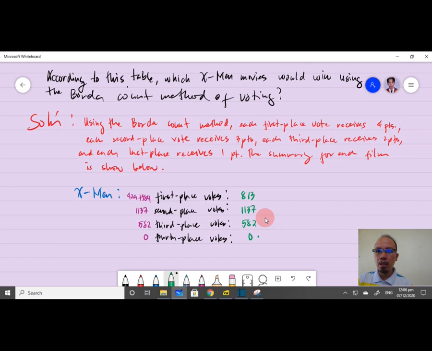So we have times here, multiplying. Let's try this blue color. We are given 4 points here since we have first place votes. So our first place votes will be given 4 points, as you can see here. For the second, we have 3 points. Third, we have 2 points. So this is 3, 2, 1.